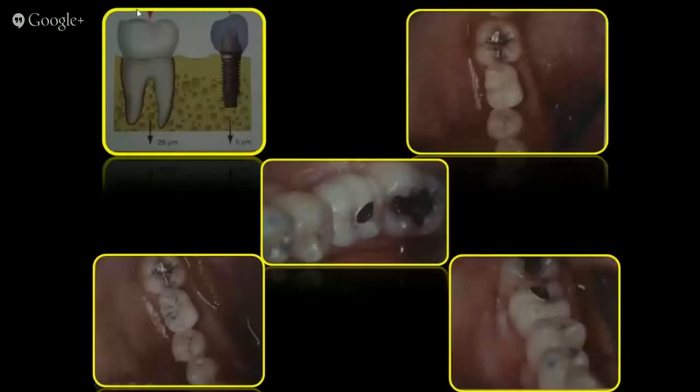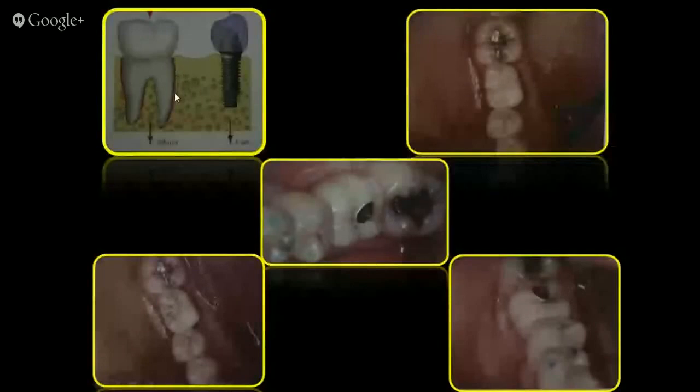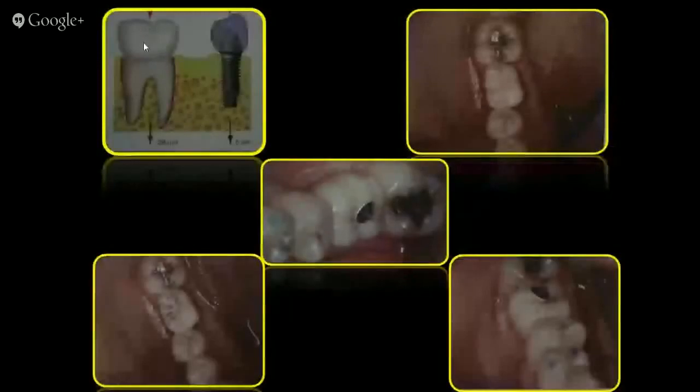So if there is load which acts like this, very little force actually goes here. But what happens is, because periodontal ligament is resilient, there is some amount of depression that occurs into my tooth. Once the force is taken away, the tooth tends to come back. So the depression that happens is approximately 28 micrometers.